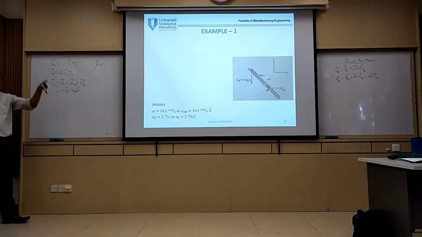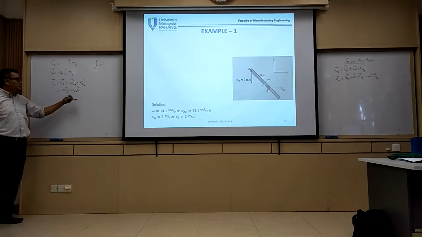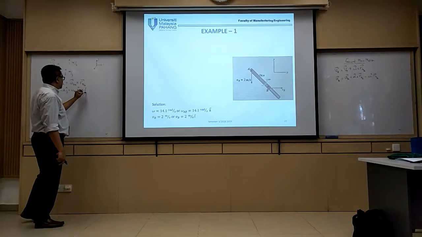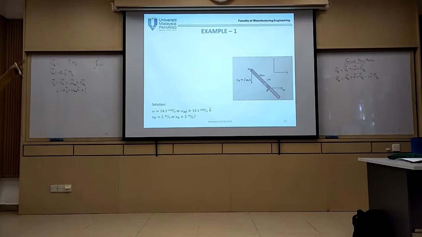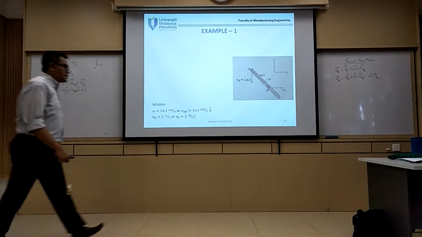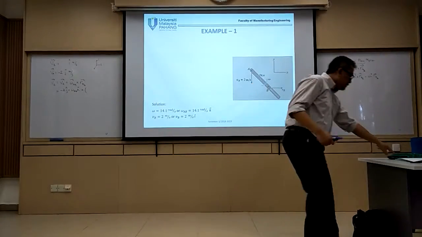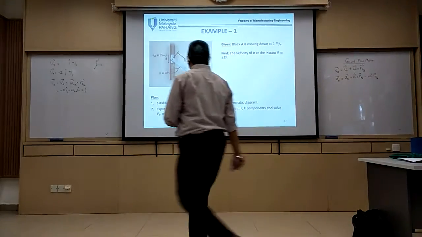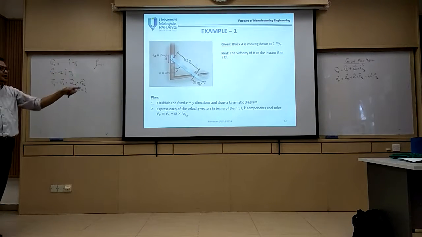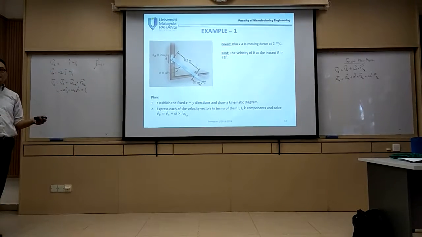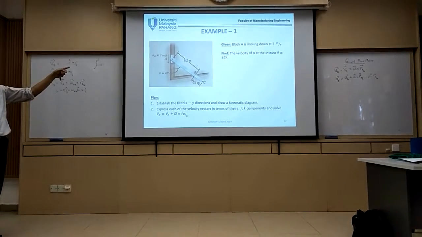Because this is counterclockwise, you have to put K cross r_BA. What is r_BA? From A to B, 0.2. 0.2 is the length. You have to define it in I, J and K. So what is the component of I?